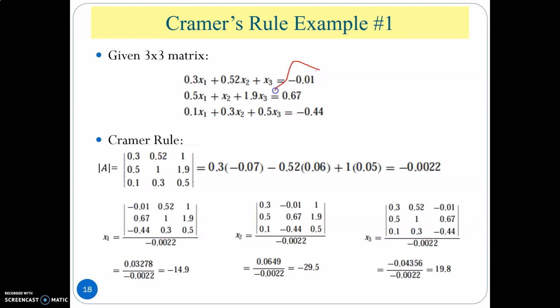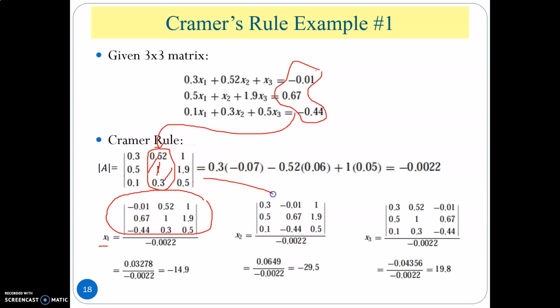Then take the right hand side vector and substitute it inside the first column for the determinant of A. Then you should be able to obtain this component for x1. Again, you substitute the right hand side vector inside the determinant at the second column here.